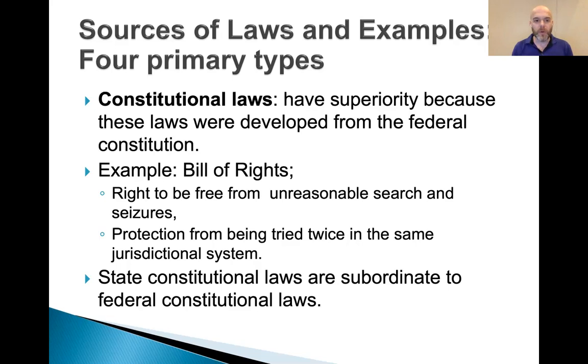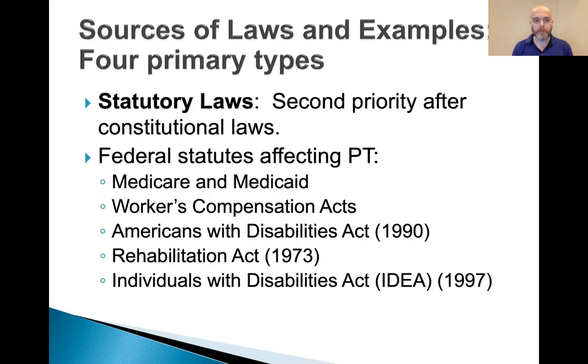And just to give you an example, state constitutional laws are always going to be subordinate to federal constitutional law, because our country has a constitution, but each state also writes its own constitution. So state constitutional laws are inferior to federal constitutional law. Federal will always win over state.